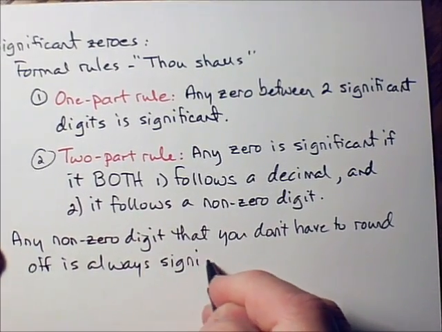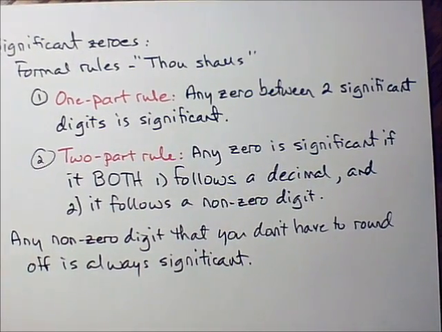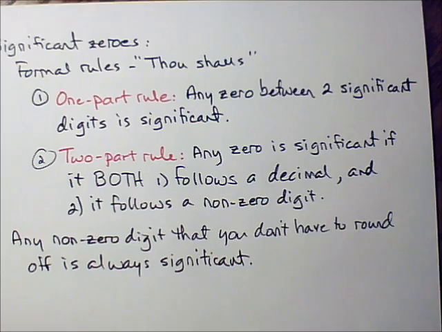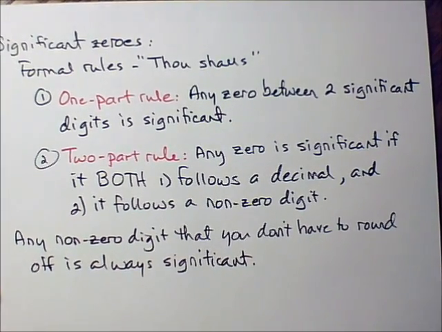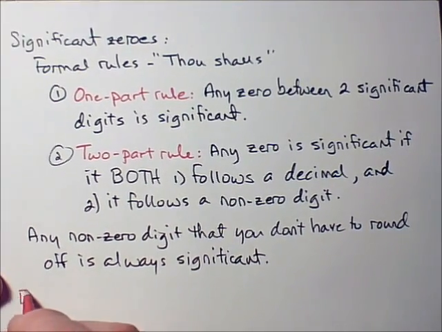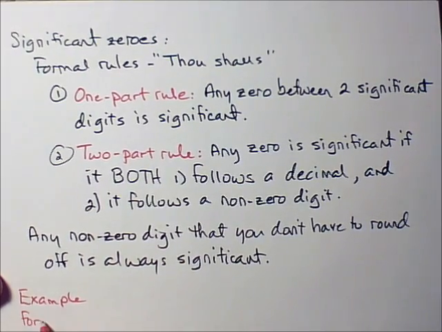Okay, so that's why we only have significant digit rules for zeros, because the non-zero digits don't really apply to most of what we're trying to figure out. Okay? Alright, so let's do an example for the number one for the one-part rule here. Okay, example for number one.